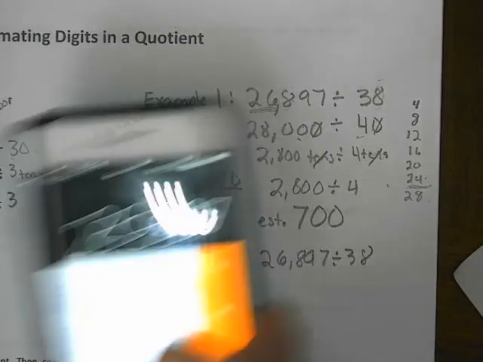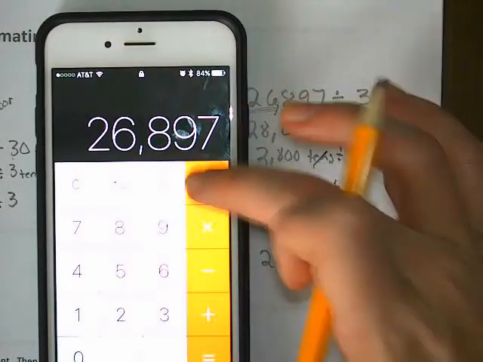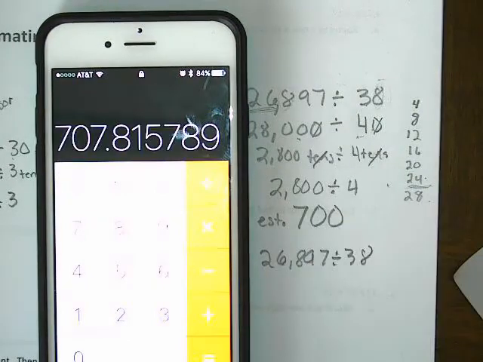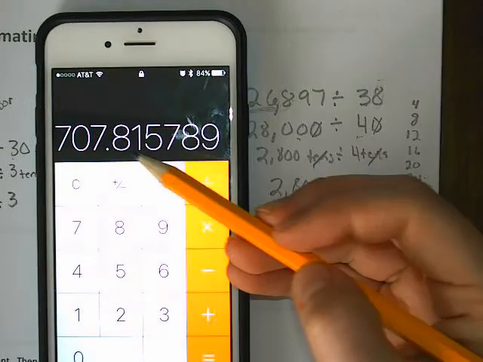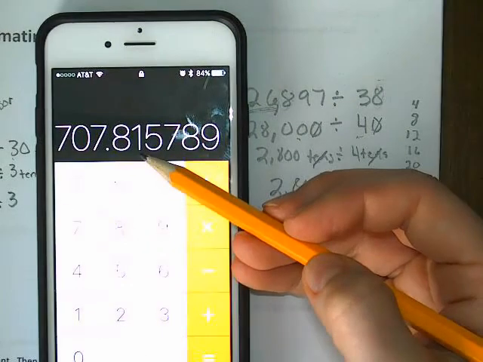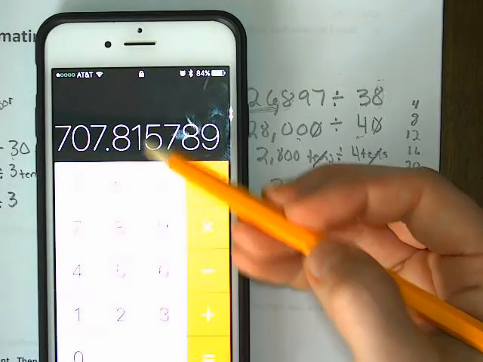Here, I'll put this up here so you can see it. 26,897 divided by 38 is 707.815789. We're only going to go to the hundreds place, so it's a 1. So I need to look at what's in the thousands place so I know my hundreds place is correct.